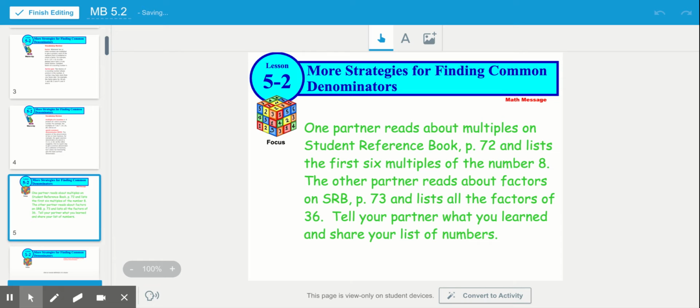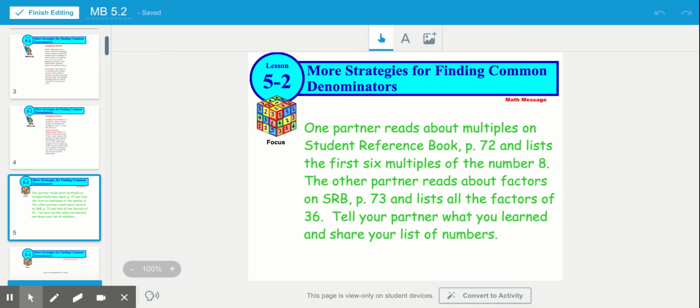So here we have our math message. If you are virtual and you do not have someone near you that you can do this with, don't worry, we are going to have a little discussion for you to respond to this. Our math message is, you read about multiples in the student reference book on page 72, and you can look at that on the Everyday Math website and in your ebooks. List the first 6 multiples of the number 8.